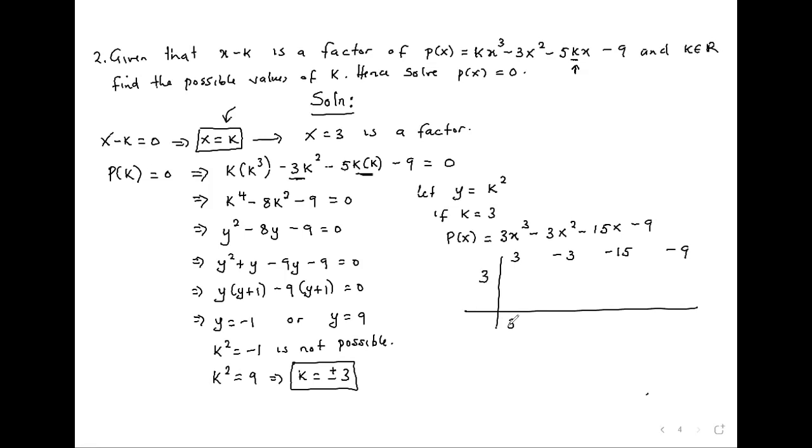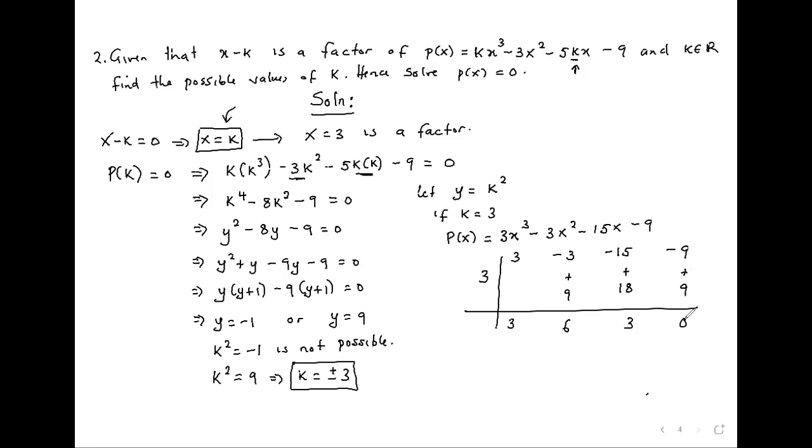Then bring down the 3. Multiply, we get 9. When we add, we get 6. Multiply, we get 18. You add, we get 3. Multiply, we get 9. So we get 0. If we get 0, it's okay. It confirms that our answer k is correct because we're getting 0 as a remainder. So it is a factor.